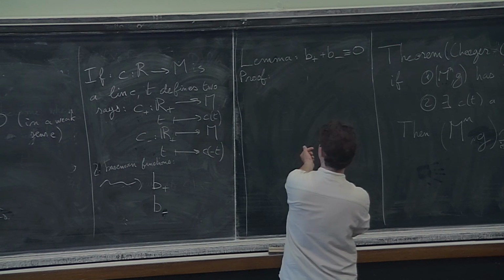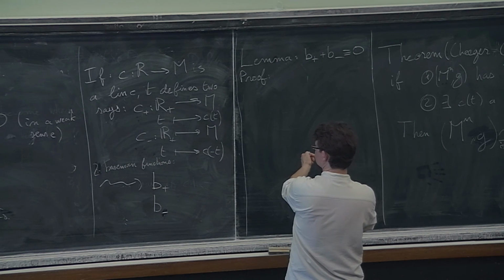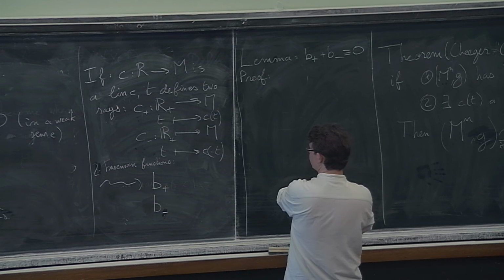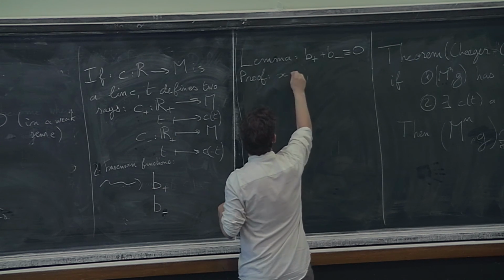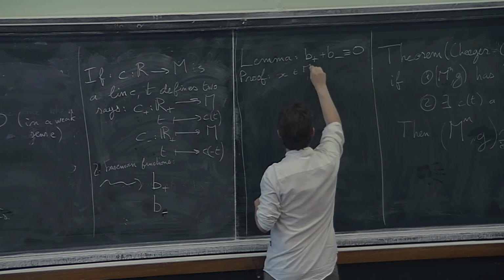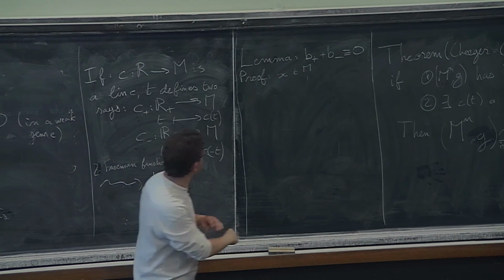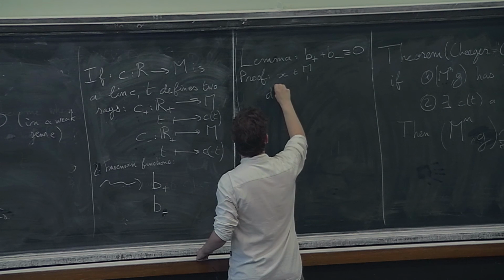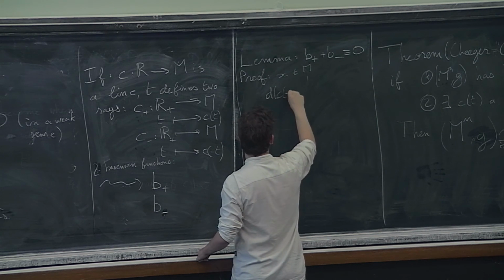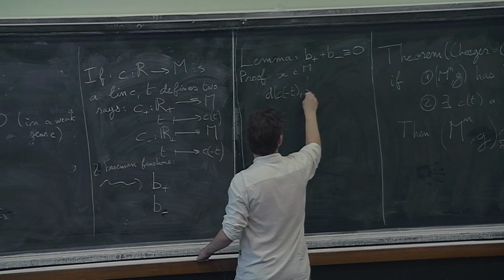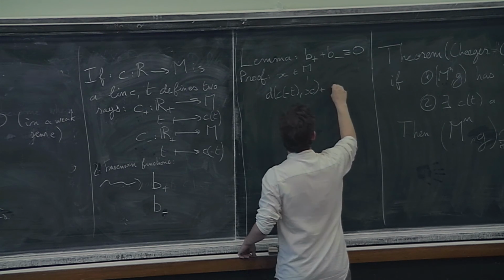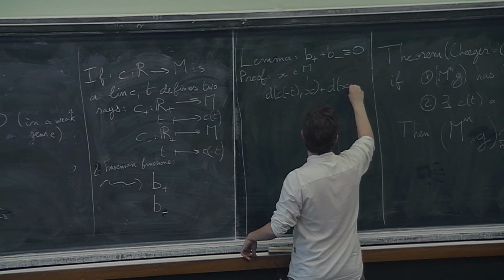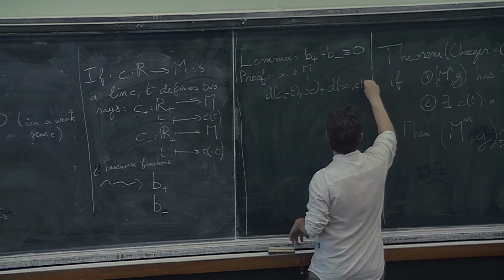Well, let's first look at what's going on at finite scale. Let's pick some x in M. And let's look at d of c of minus t and x plus d of x and c of t.